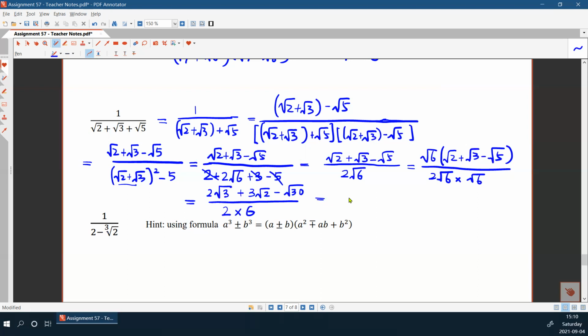Okay, so this is actually 1 over 12 times twice of square root of 3 plus 3 times square root of 2 minus square root of 30, right? And we have rationalized the denominator to 12.